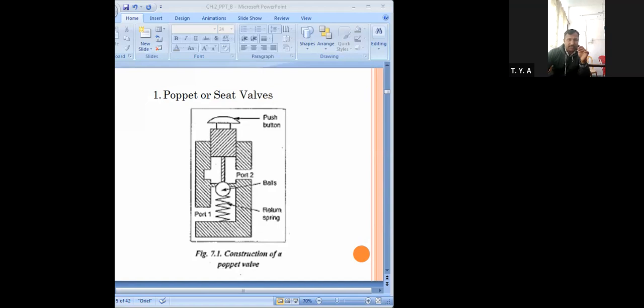This is the seat, so it is going to go in a downward direction, and hence due to that only flow is permitted from this port 1 towards this port 2.